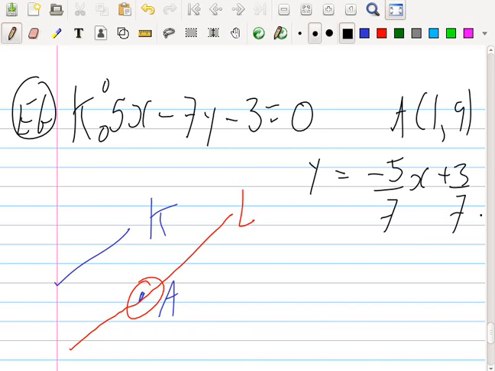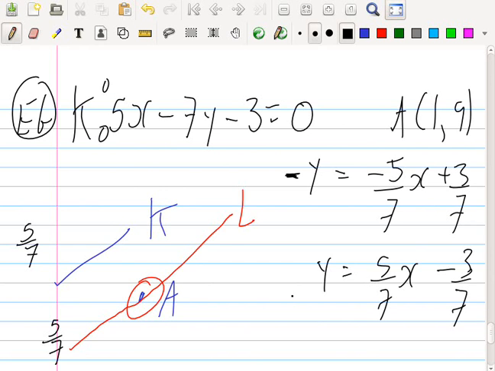Minus 5 over 7, isn't it? Sorry, this is a minus here still, and then I multiply by minus. So it's plus 5 over 7x minus 3 over 7. We don't really care about the c at the end anyways, we only care about the m. So we can see that the slope here is 5 over 7, so then the slope of L is also 5 over 7.